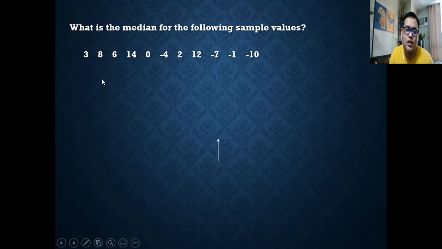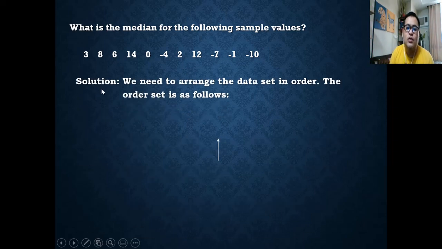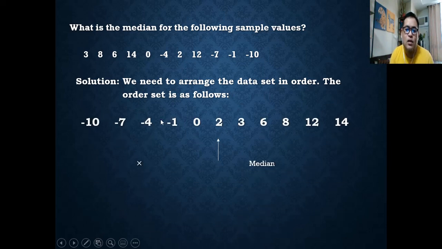So what we need to do is to rearrange them first, arranging the data set in order. We start from negative 10, in increasing order: negative 10, negative 7, negative 4, negative 1, 0, 2, 3, 6, 8, 12, and 14.